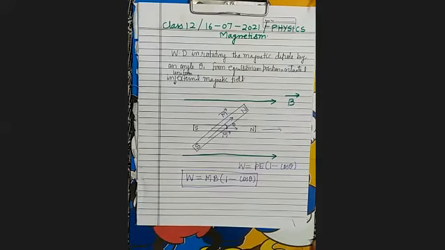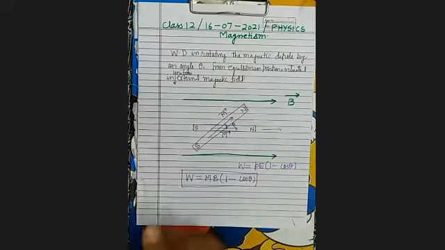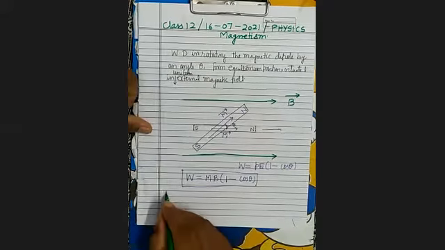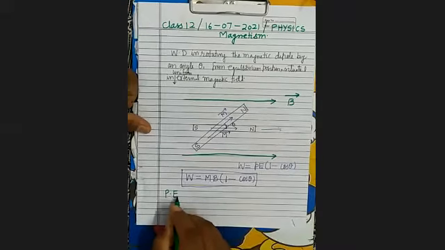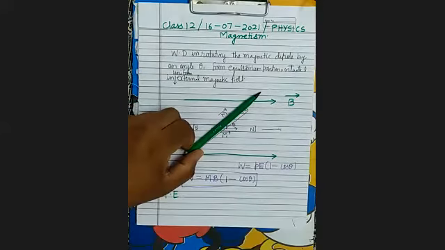Now there is one more formula. What is the potential energy of the dipole in this position? So potential energy means how much work will be done in establishing the dipole in this position in external uniform magnetic field. In external uniform magnetic field, how much work will be done?